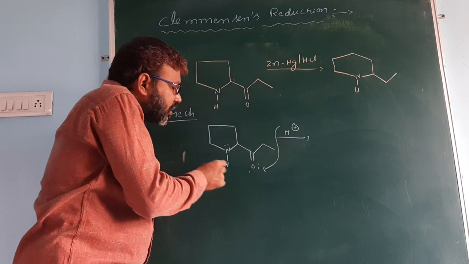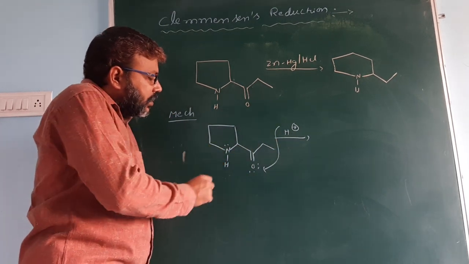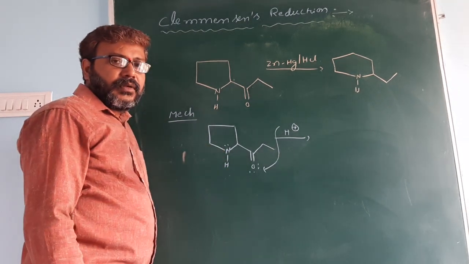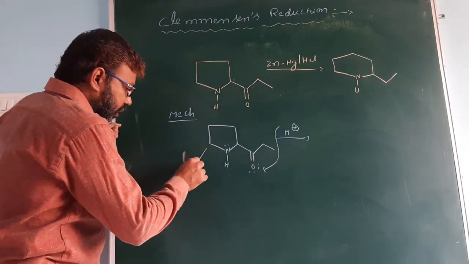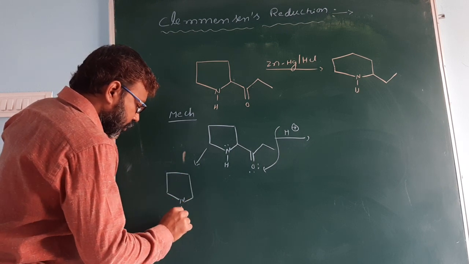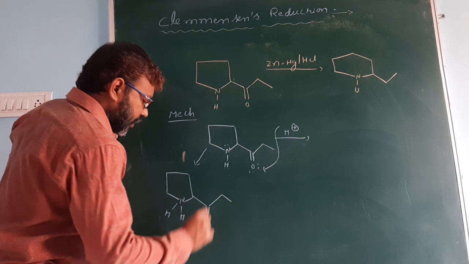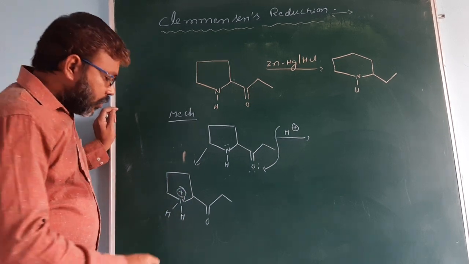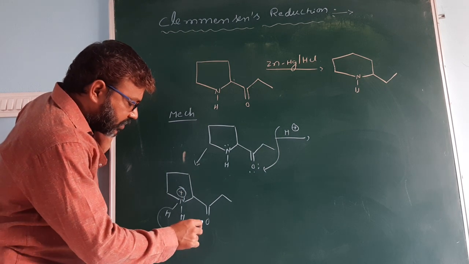So the H plus ion attacks on nitrogen. When H plus attacks on nitrogen, nitrogen has a positive charge, and it donates the H plus ion. You get this one, so nitrogen has a positive charge. When it has a positive charge, it donates the H plus ion easily.